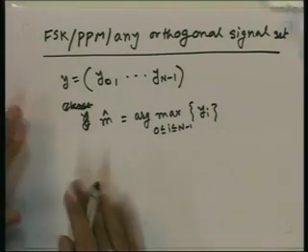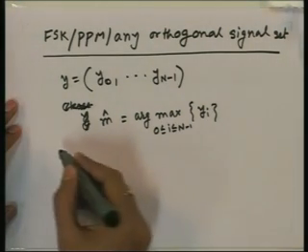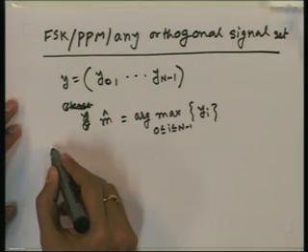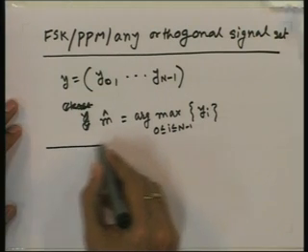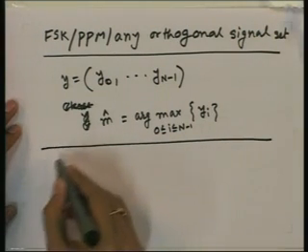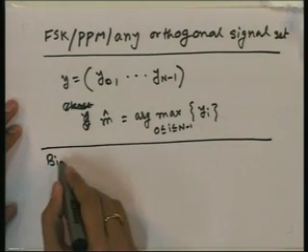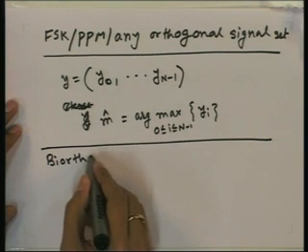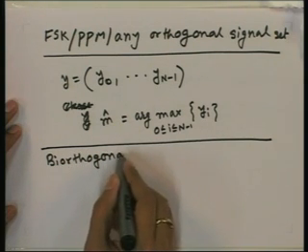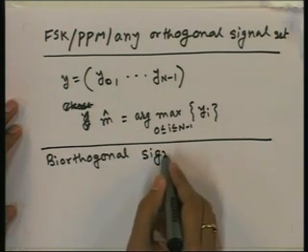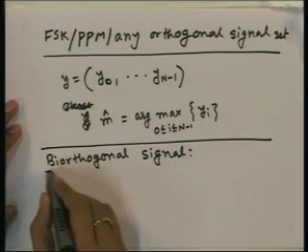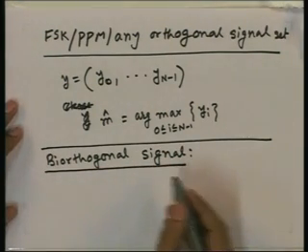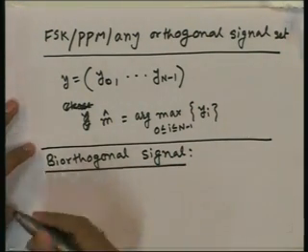Okay. Now, I leave it as an exercise for you to find out what will be the detection scheme for bi-orthogonal signal. We will discuss it later, but please give it a try.